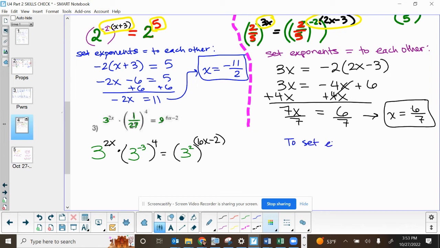To set exponents equal to each other, I need to have the same base, but just like one base. I need to have one power on one side equals same base power on the other side. Then I can do a equals m. But it's got to be just the one base.